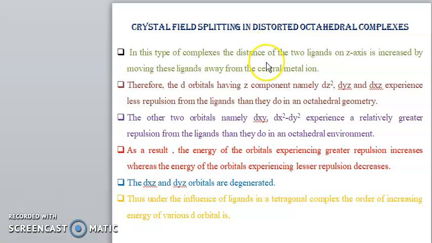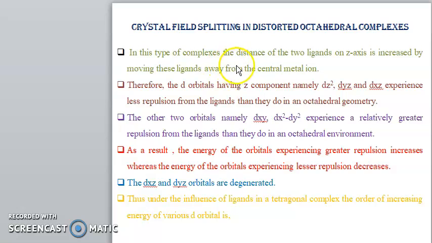Crystal field splitting in distorted octahedral complex. Now, next point: we have seen the crystal field splitting in octahedral complexes, and now we are going to see the crystal field splitting in distorted octahedral complexes.